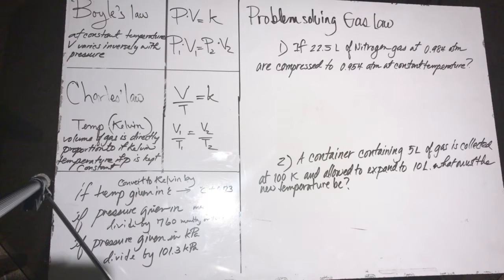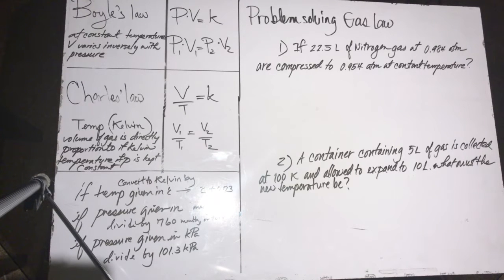Let's look at these two questions. If I don't tell you which one relates to which law, would you be able to do so? That's a skill that by the end of these lessons, you should be able to distinguish between each law by reading the passage.